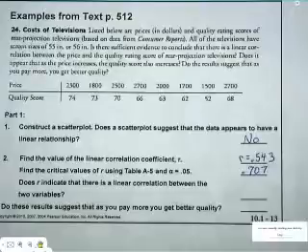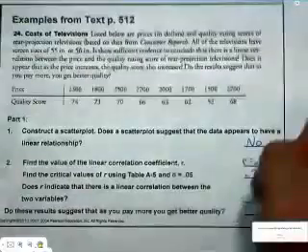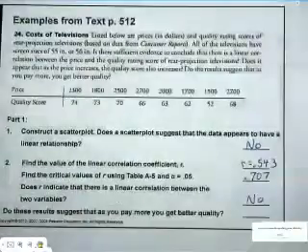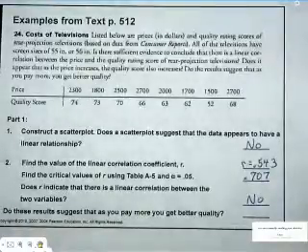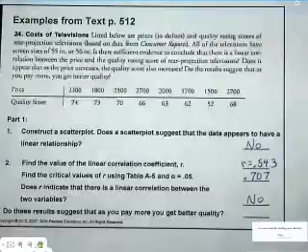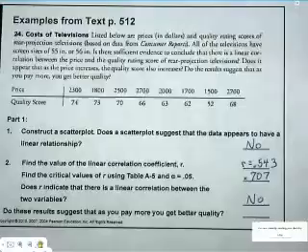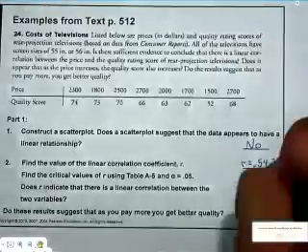Not. That confirms what we thought when we saw the scatter plot. So would our results suggest that the more you pay, the better TV you get? Not necessarily. There doesn't appear to be a linear relationship.